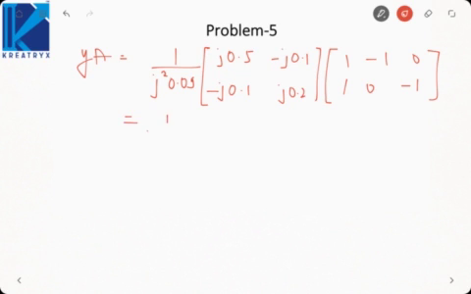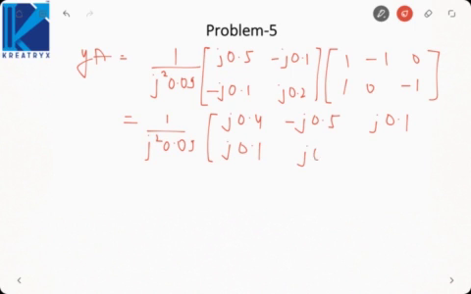Now if we multiply, first row into first column will be j0.4, first row into second column minus j0.5, first row into third column j0.1. Then second row into first column j0.1, second row into second column j0.1, then minus j0.2.